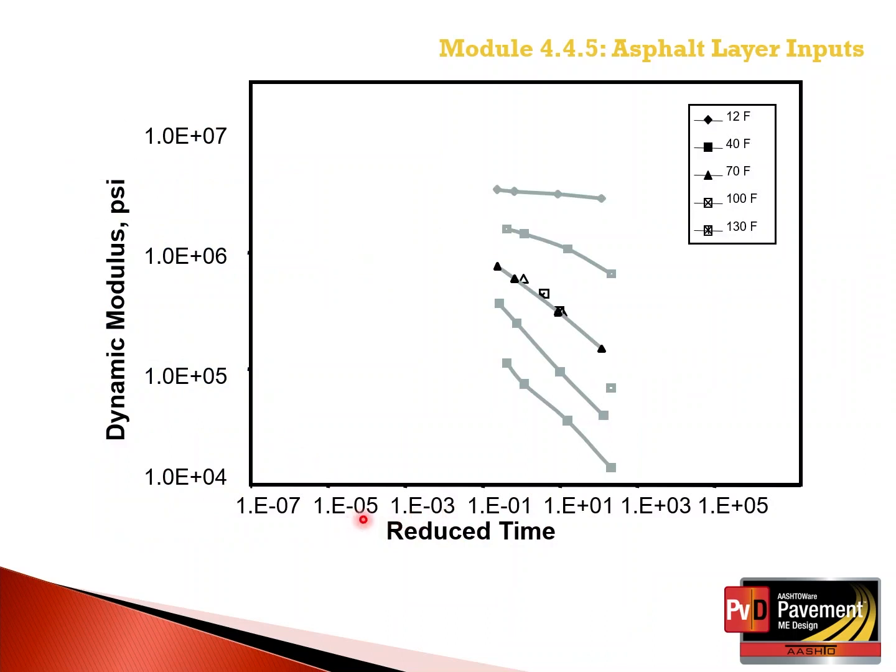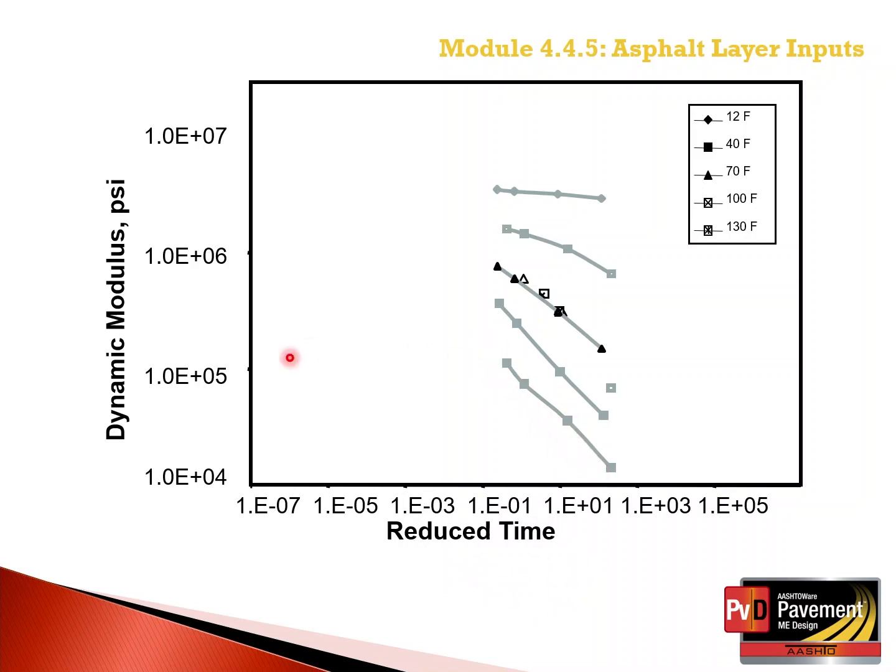The coefficients of the master curve are not entered into the PMED software. Only a tabular listing of the measured dynamic modulus are entered in the software at different temperatures and loading frequencies, as graphically illustrated on this slide.